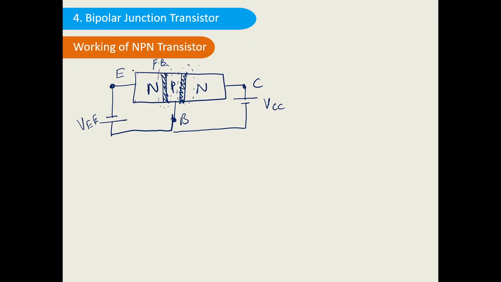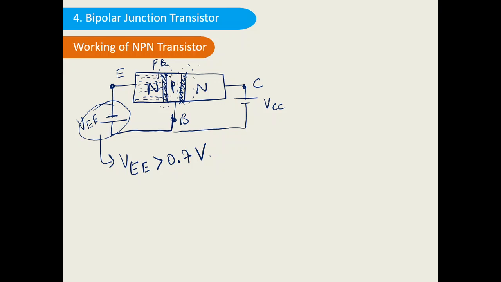Since it is forward biased, this is the negative plate, and this is the emitter, which is heavily doped. This heavily doped emitter will get more negative charges from the battery, the power supply. If this forward bias voltage VEE is greater than 0.7 volts, the electrons will cross the potential barrier and come to the base region.